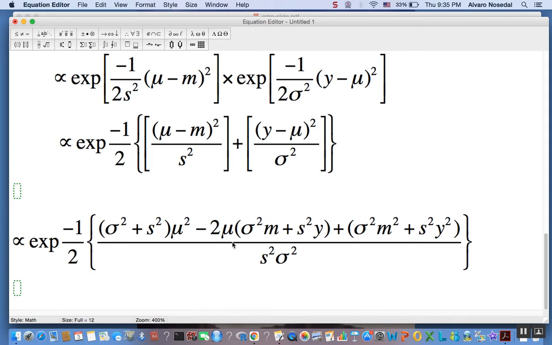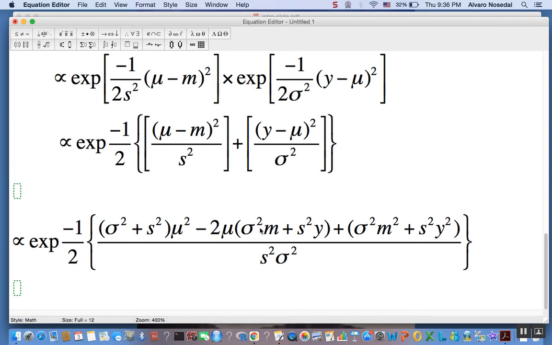Yeah? Okay, now what I want you to see is this. We're going to break down this exponent into two parts, right? Note that since we're assuming that sigma squared is known, this is going to be a constant, and it doesn't involve mu. So we're going to have a product. This exponential we're going to express as a product of two exponentials.